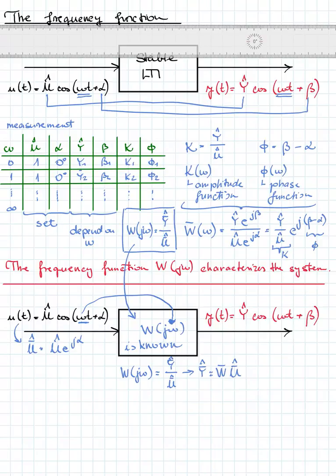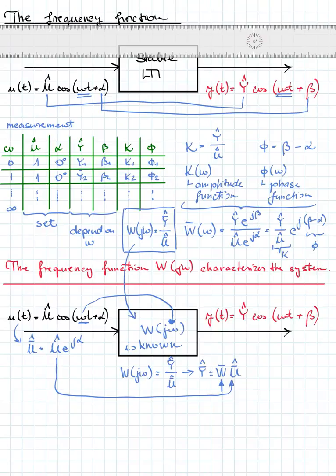Okay, so if we put omega to W(j omega), we are going to get a complex number. The input is also a complex number.